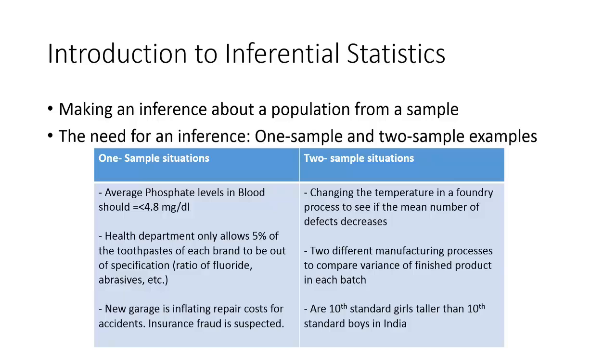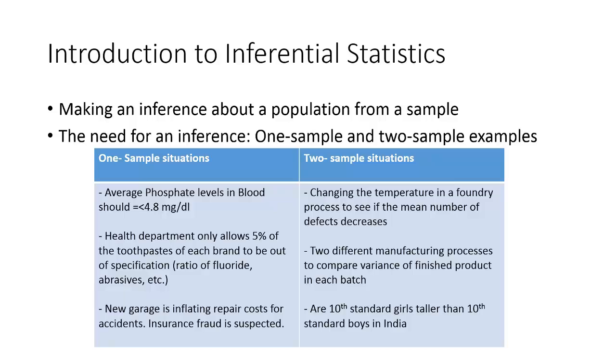Okay, so take another example, and in this example, we take a problem of proportions. So let's say the health department or some dentist related body says only 5% of the toothpastes of any given brand can be out of specification, right?